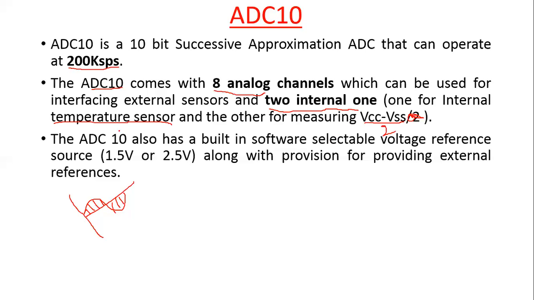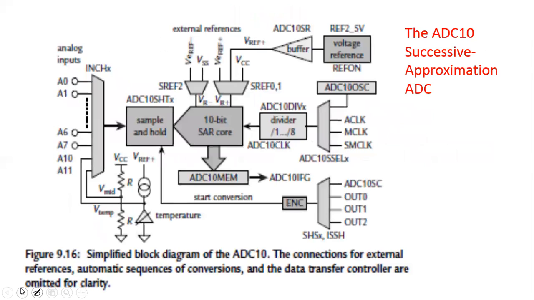This ADC can also be selected by software, either 1.5 or 2.5 volts from the external references. These are the features of the analog to digital converter.